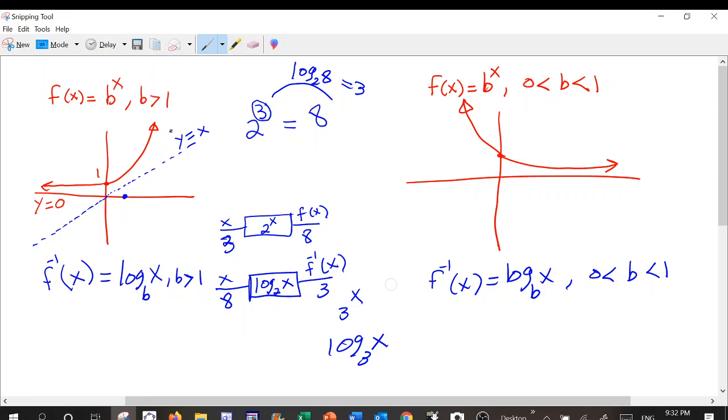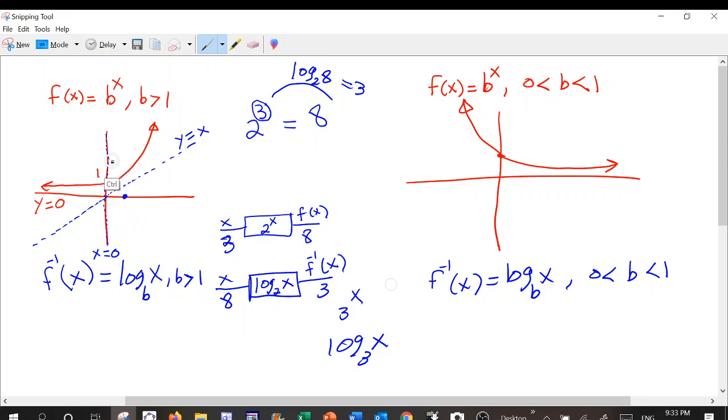Now for the blue one, the horizontal asymptote doesn't exist. Why? Because y equals 0 becomes x equals 0, because we switch x and y. So that means it has a vertical asymptote at x equal to 0 for the blue one, right? All right. So this is the vertical asymptote.